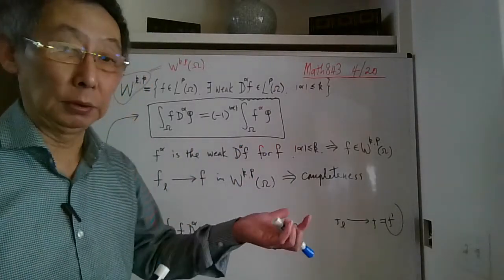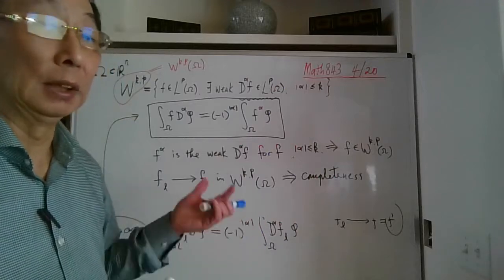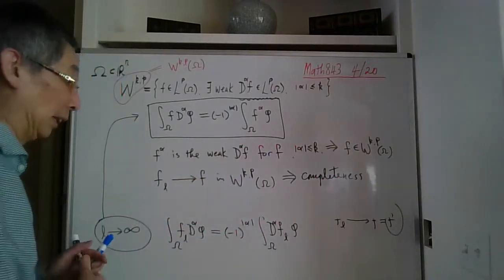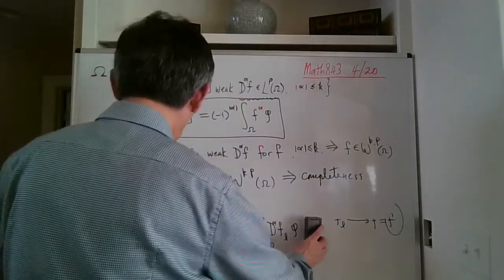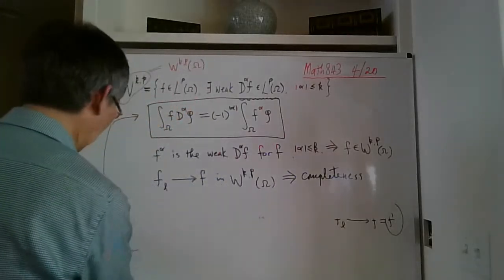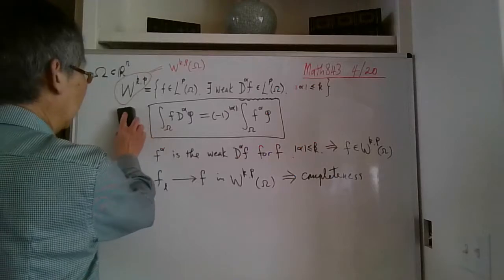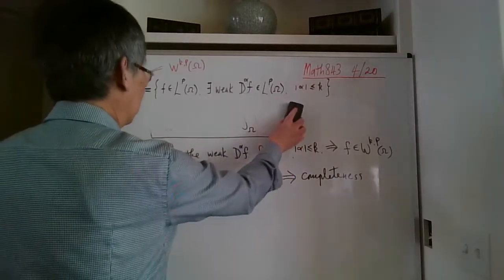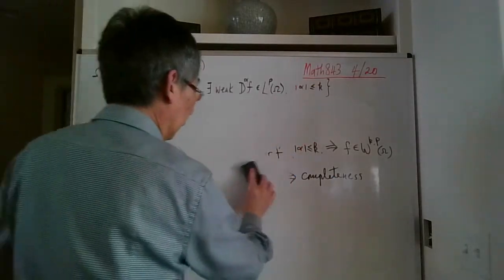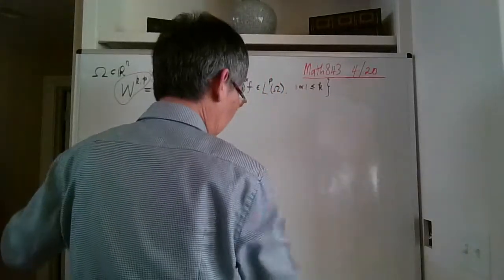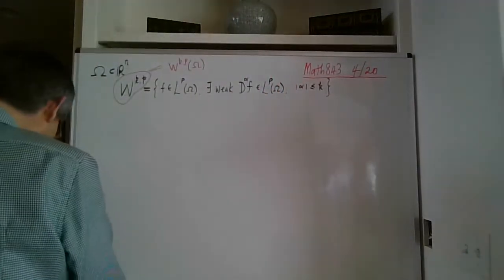It's not difficult, but I really want you to understand the argument behind this proof. Therefore this space is a Banach space because it is a complete space.